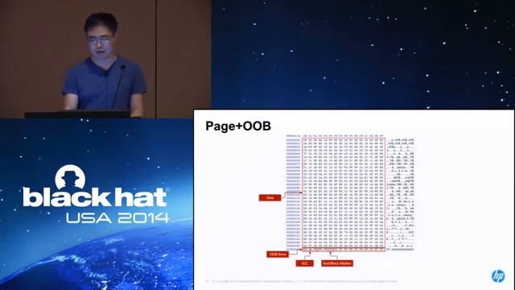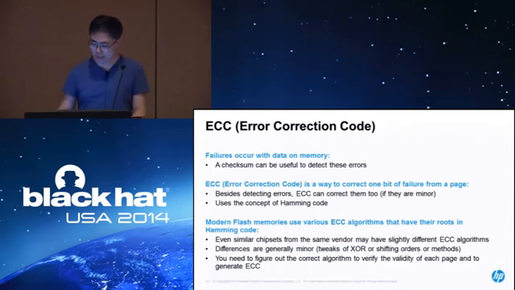So as I said, there is the data page, and there is the OOB area, and ECC, bad blocks. The first thing you need to consider when you are trying to reverse engineer this NAND flash image is actually ECC. The concept was invented around the 1950s when people were using punch cards to program. Whenever you punch each card, there are a lot of chances that you make mistakes.